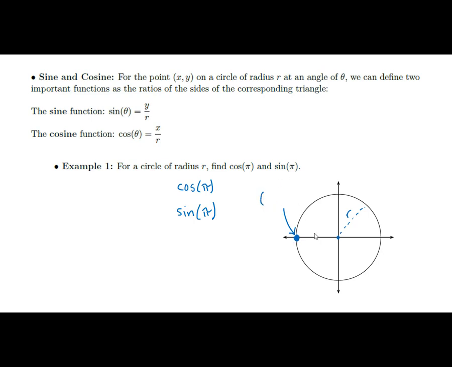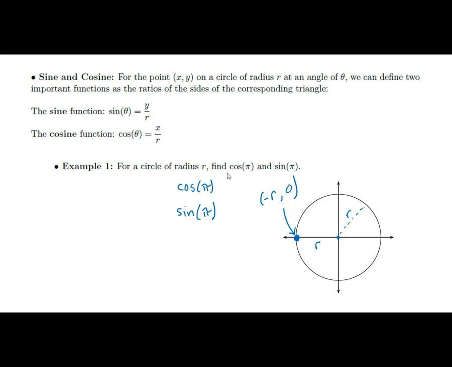If this is a circle of radius r, then we understand that from the origin here out to this point is also has a radius r. So the x value would just be negative r. And of course the y value, it's pretty easy to see, is just 0.